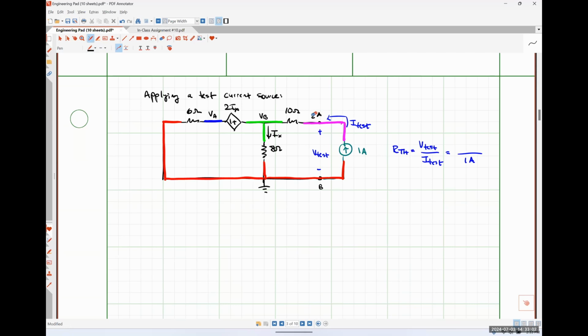Let me scooch that over just because it's getting kind of busy. So how am I going to express my controlling variable IX in terms of my nodal voltages?